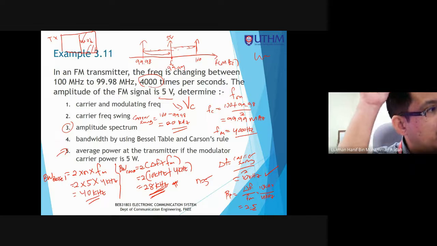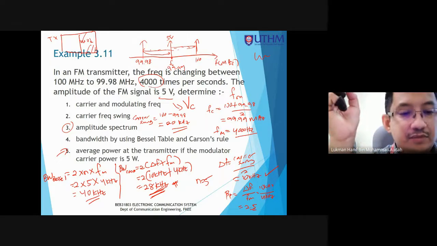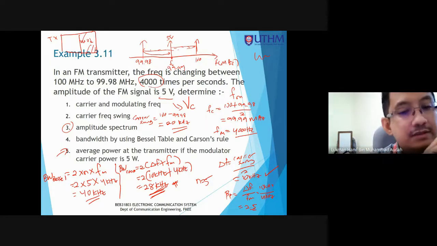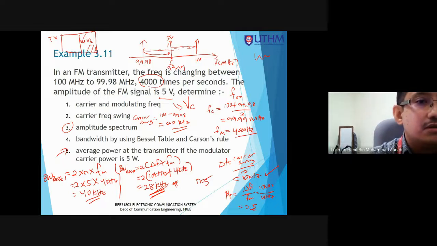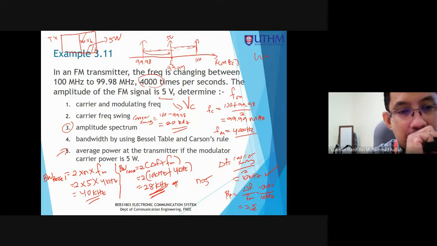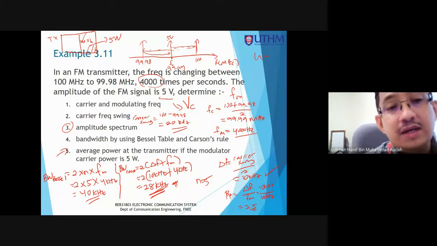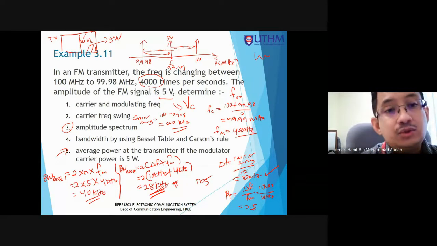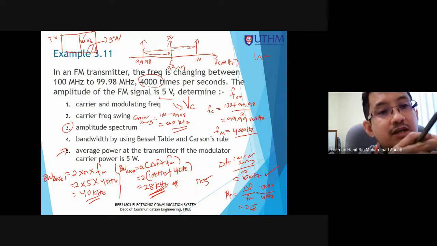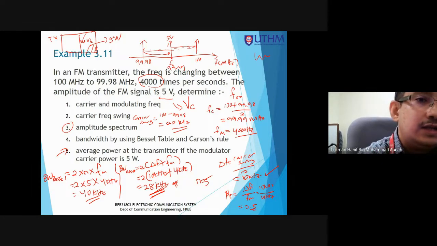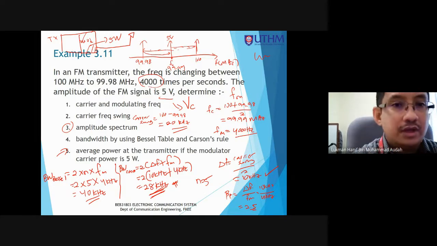However, we can calculate the total power, which we calculated earlier.